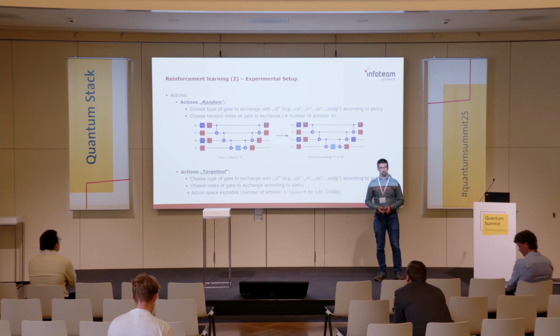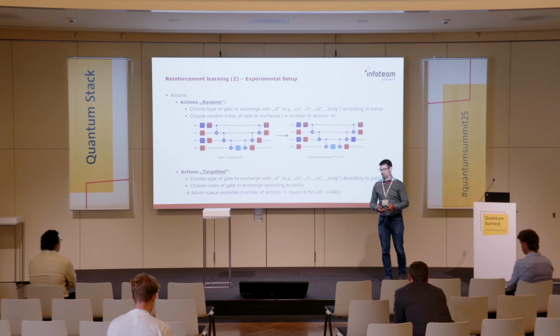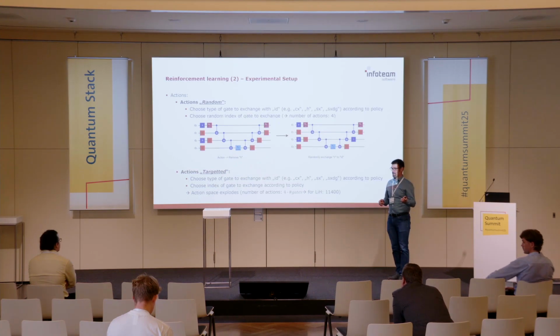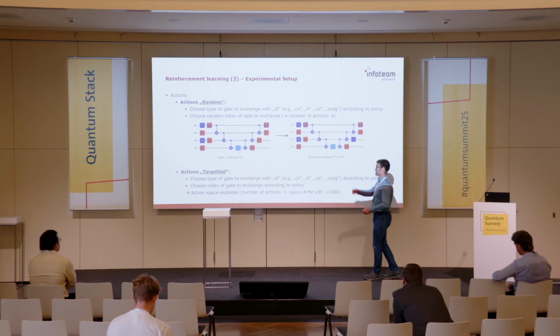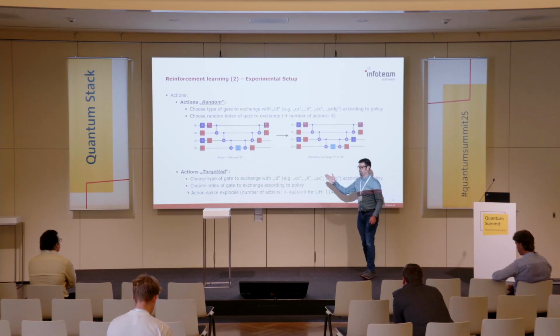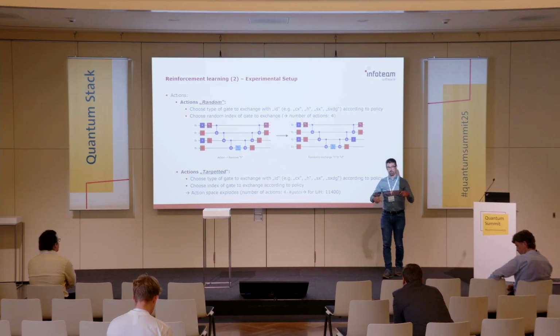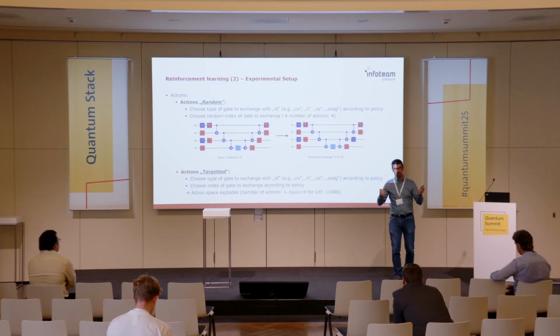At first, we came up with random actions. So the policy just chose the gate class to remove, but the index was randomly chosen. So here we chose the Hadamard, and we want to remove or exchange a Hadamard gate, and this one was then randomly chosen to be exchanged. We exchanged it with an identity gate because we wanted the structure, or the indices, to stay the same.